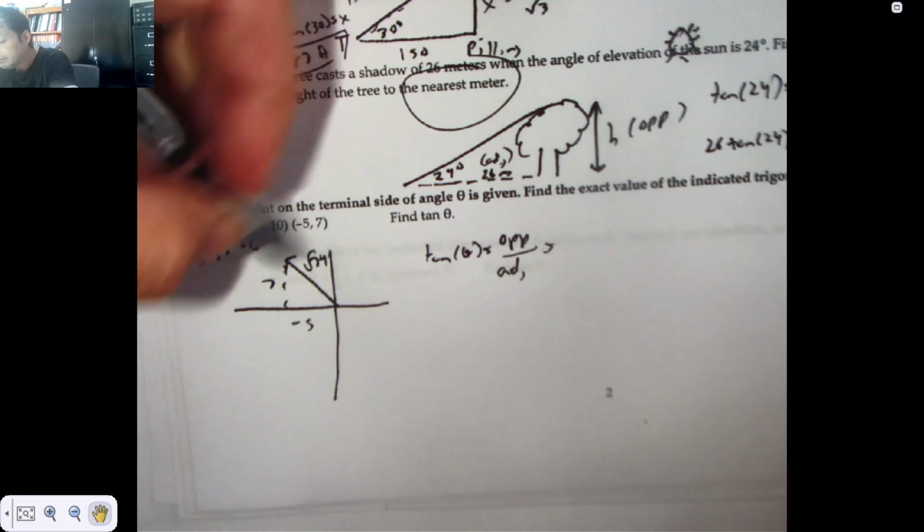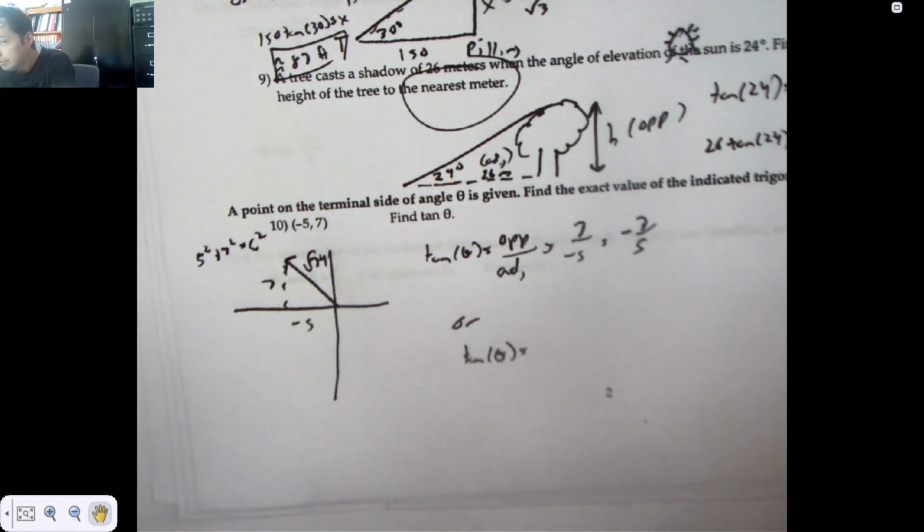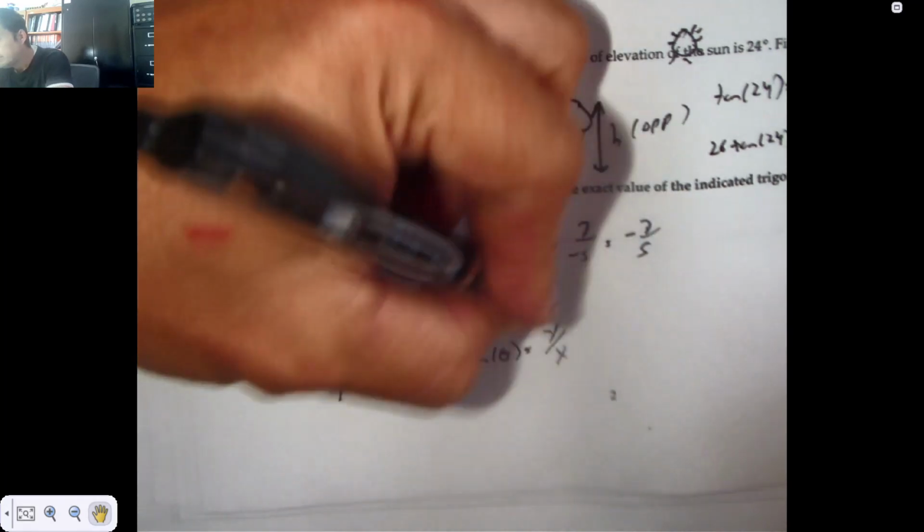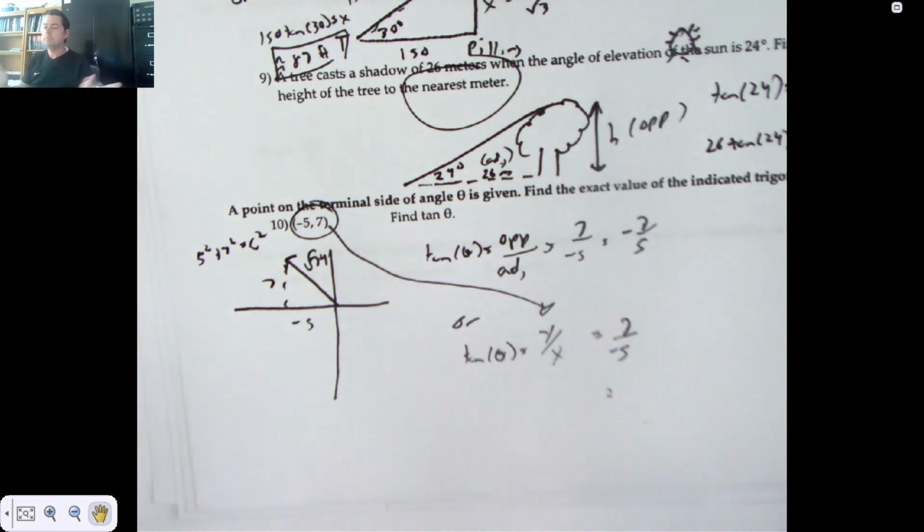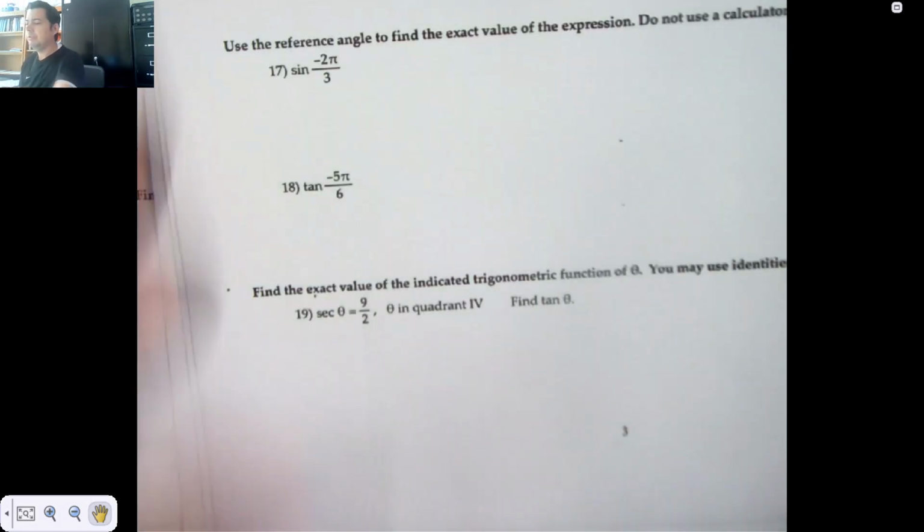And now if I want tangent, the tangent of an angle is opposite over adjacent, which is going to be 7 over negative 5, which is negative 7/5. Or I can just think about my little circle quizzes. Tangent is literally defined to be y over x. 7 over negative 5. Whatever you choose to do, just do it right.